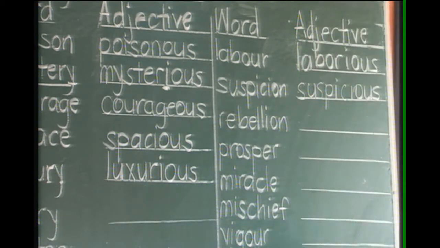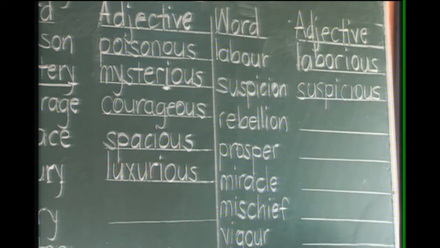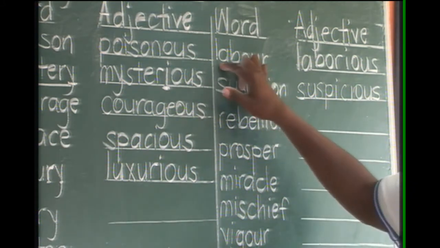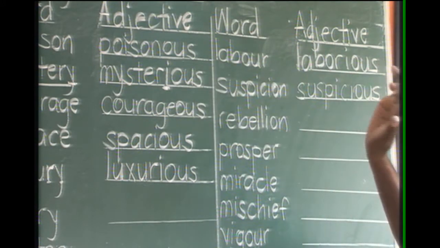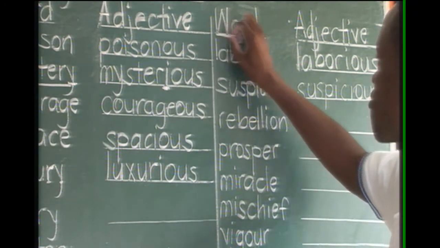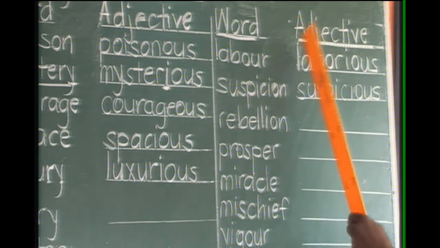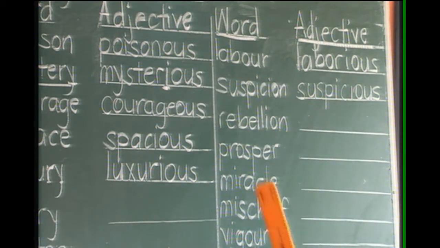Take note of this. The words we are writing in this lesson all begin with small letters. We've been using small letters throughout, except the headings, like for word, then adjective. These ones have capital letters at the beginning. Reason, they are headings.